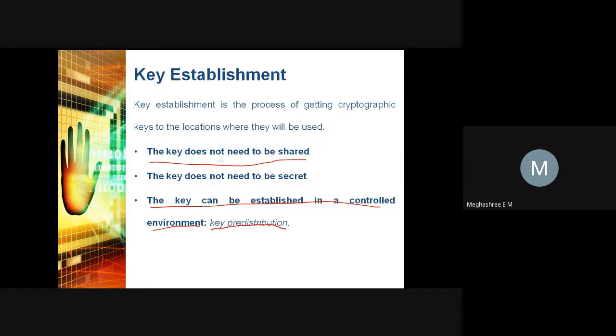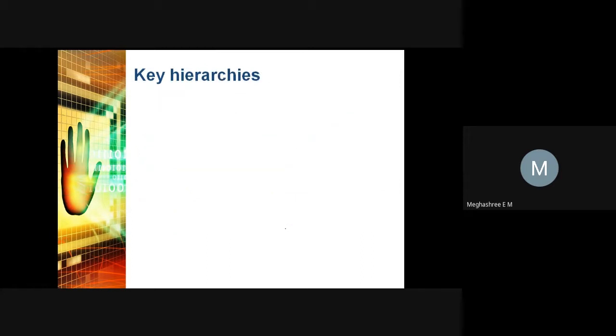So before deploying keys into the devices where they will be used, the keys are established or placed within a controlled environment. Such a process is called key pre-distribution. So these are the three scenarios where we need not take much secure mechanism to establish the keys.